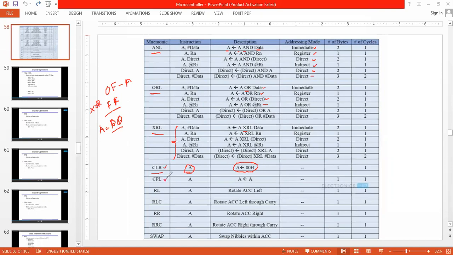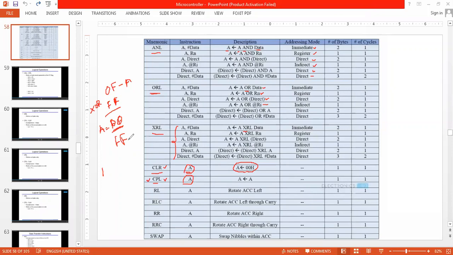Then the CPL instruction stands for complement. CPL instruction complements the data of the A register. So if A is having 00H, then after execution of CPL A, A will be having FFH. Whatever 0 is there will be converted into 1, and whatever 1 is there will be made 0.